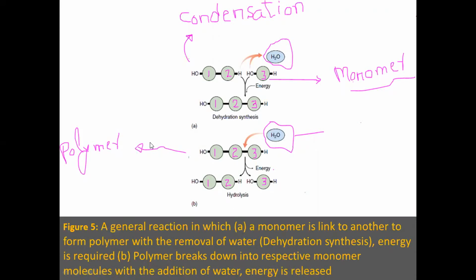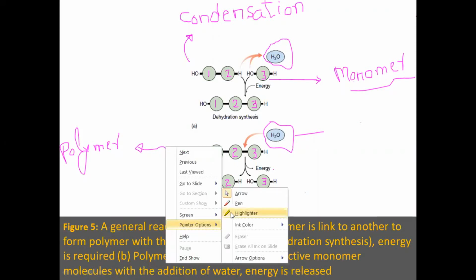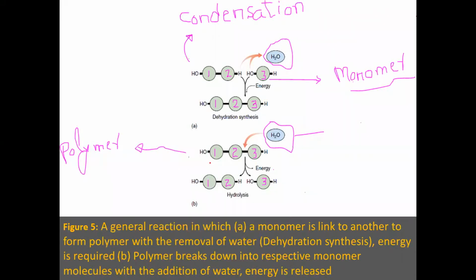This is a polymer containing 1, 2, and 3 monomers. Here in this reaction, water is added, and this water results in the breakage of the bond between monomer 2 and 3. Energy is released, and the polymer is broken into respective monomers.